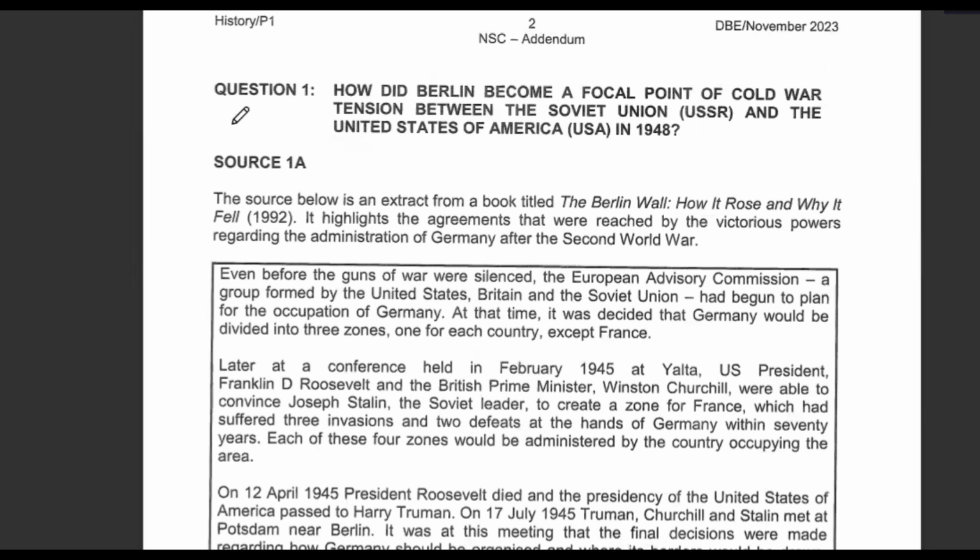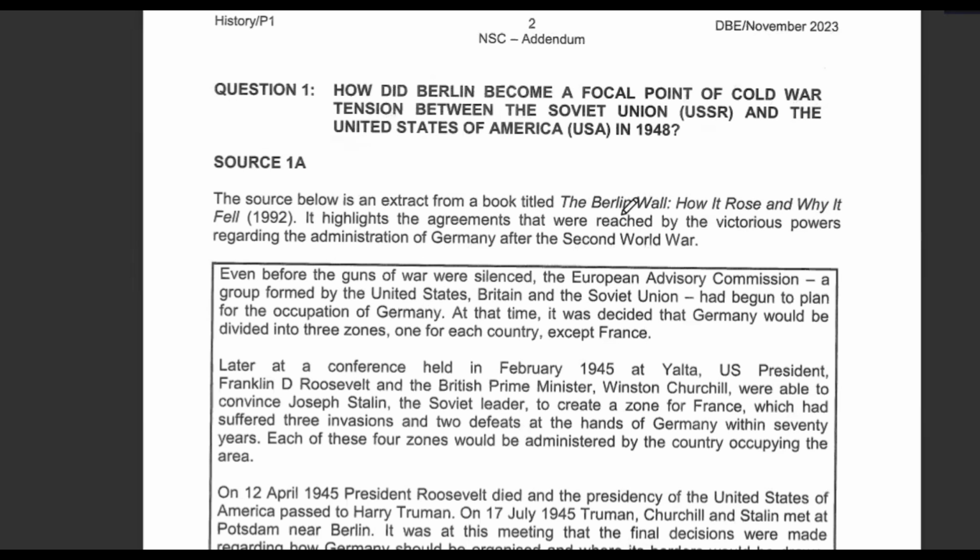So our key question reads, how did Berlin become a focal point of the Cold War tension between the Soviet Union, the USSR, and the United States of America in 1948? So we are going to look at source 1A, which is actually an extract from a book titled The Berlin Wall, How It Rose and How It Fell.